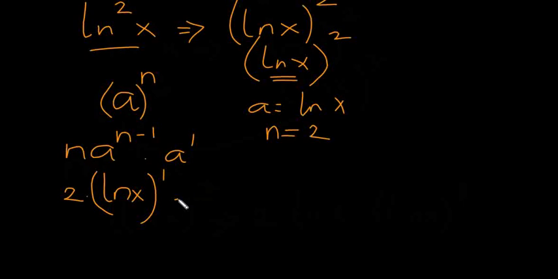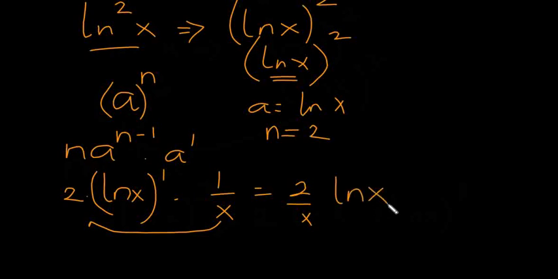We know that a is ln x, so the derivative of ln x is 1 over x. So this is going to be 2 over x, where I've just moved this x here, so we have 2 all over x and then ln x.